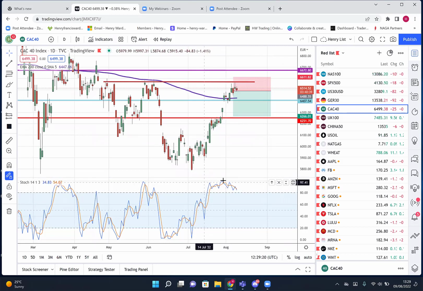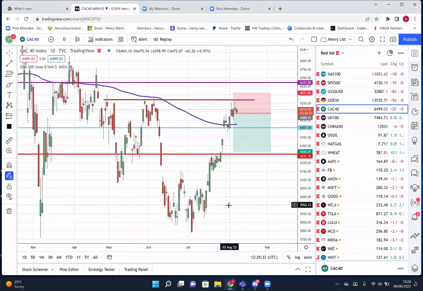And if we look at this, stochastic is the same height over here. Okay, so there's very little, there's no divergence there either. So is that a trade there? Is that valid?